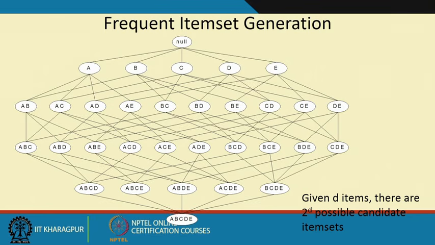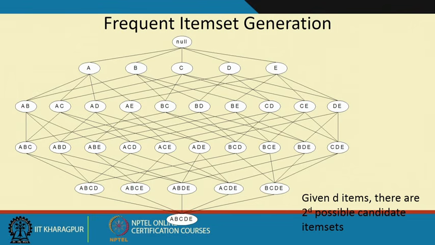So, how do I do it? I will take any of these, for example, I will take ABCD. I will go through these 100 transactions and see whether each of them contains ABCD or does not contain ABCD.